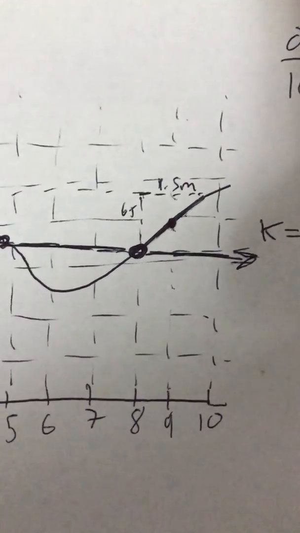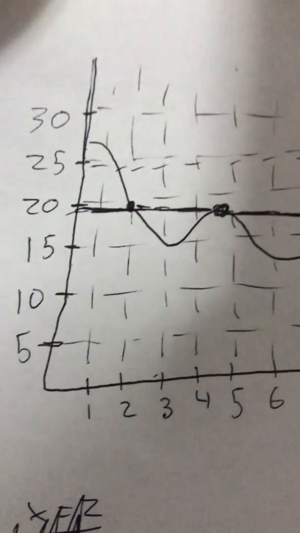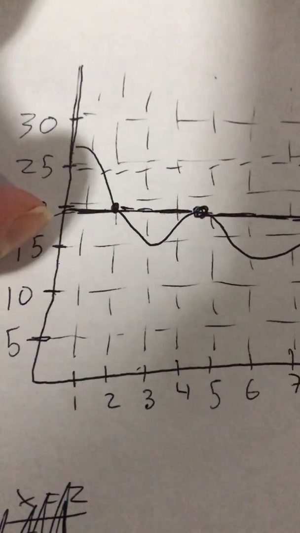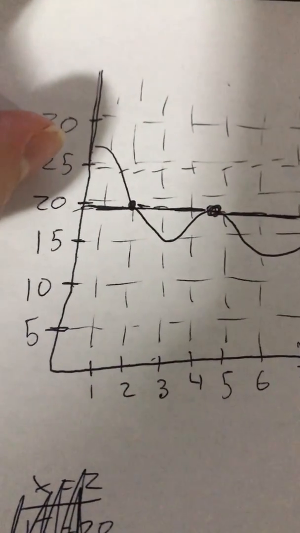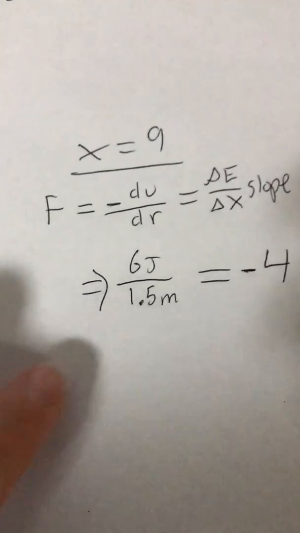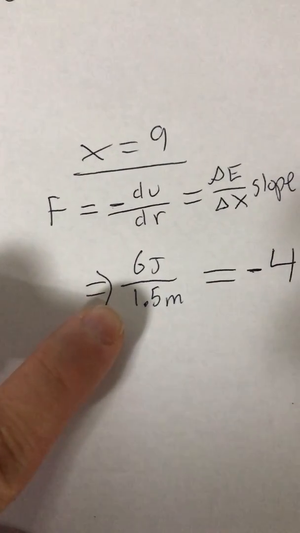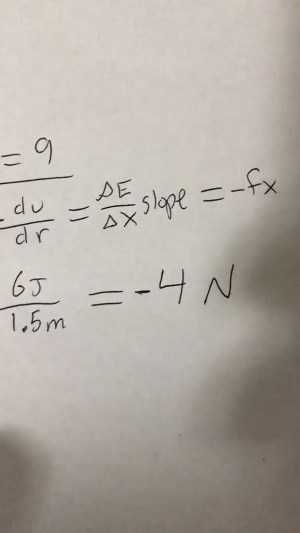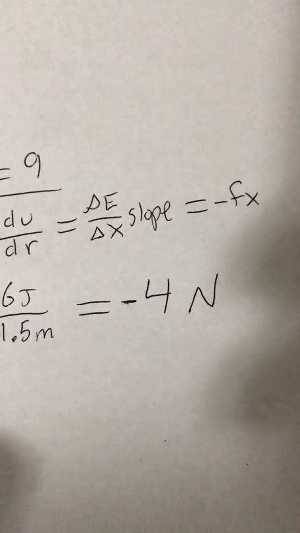That's going to be our run, and then our rise is going to be, say, from 17 up to 23. That's going to be 6. So then we just put that change in y over our change in x, and then that's going to be equal to our negative force, which we get 4 newtons out.